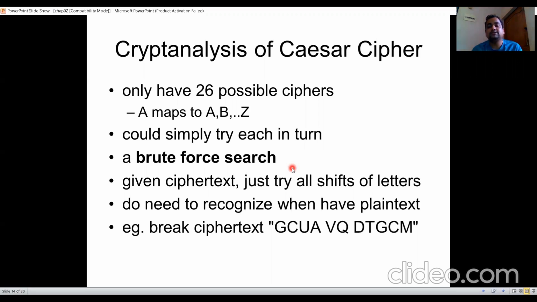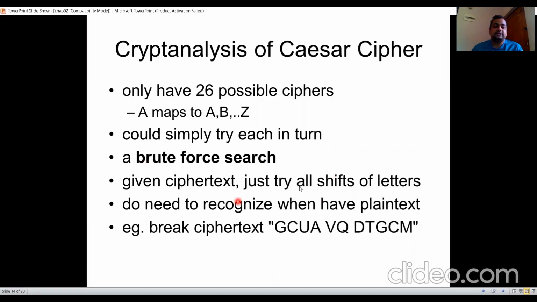Check for 3, and so on. You can check up to a maximum of 26. That type of mechanism is called a brute force attack. From the ciphertext, you try all the shifts of the letters, and if you find the original plain text, then the brute force search is possible.